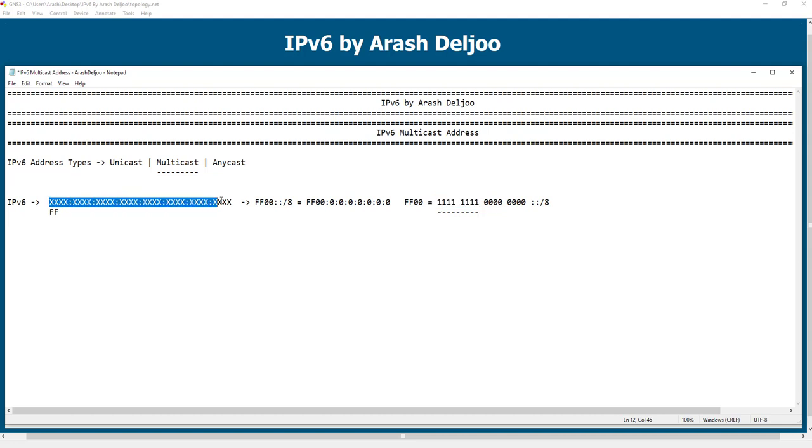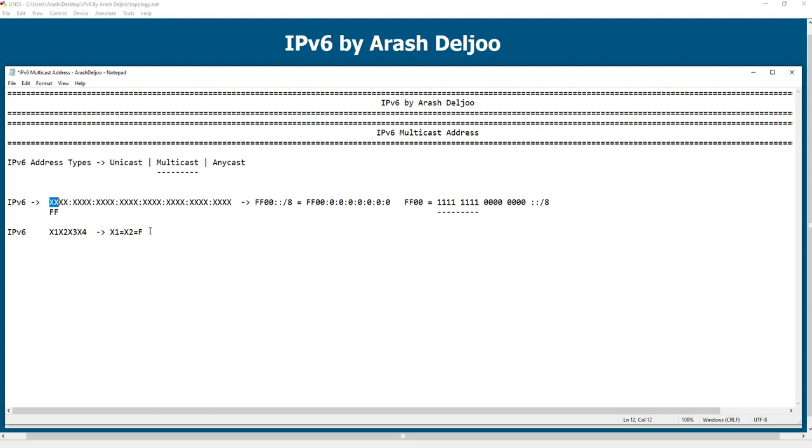You know that in hex notation we have 32 characters, and if in the first and second character you see double F, this means that this is an IPv6 multicast address, and this is the identifier of all IPv6 multicast addresses. Now, in an IPv6 address, if we have x1, x2, x3 and x4 in the first hextet, x1 and x2 are equal to F. This means that every IPv6 multicast address has F in the first 2 characters.